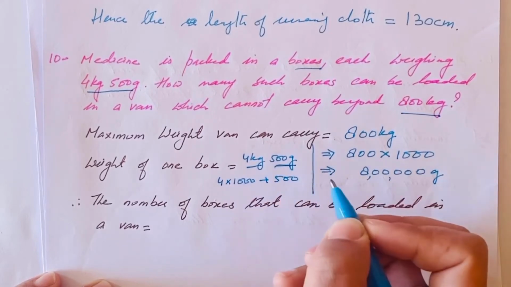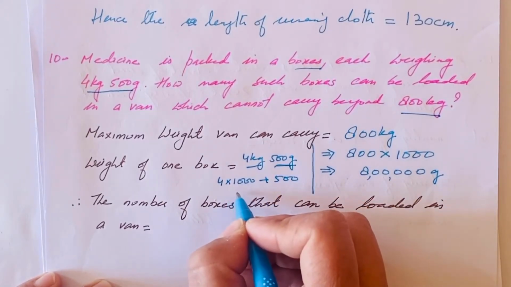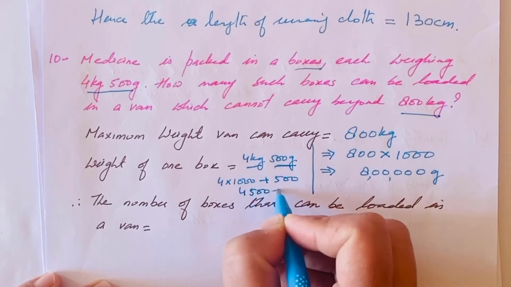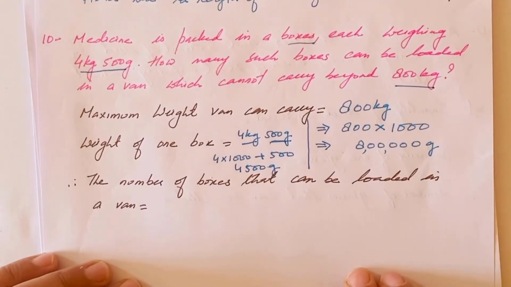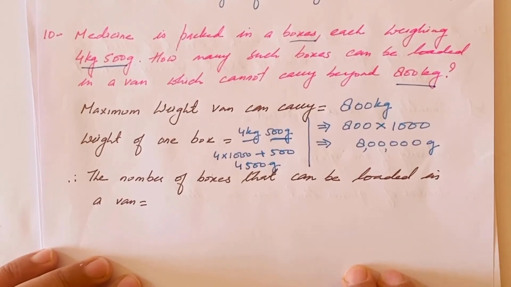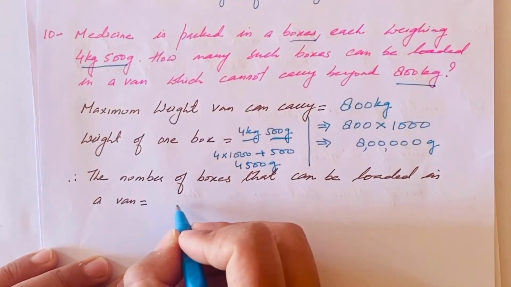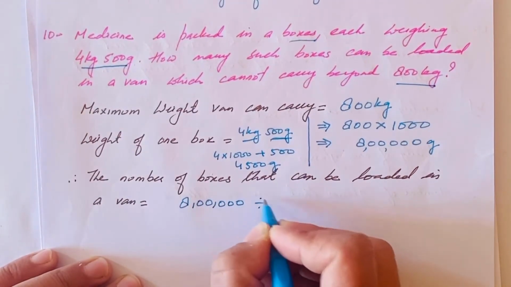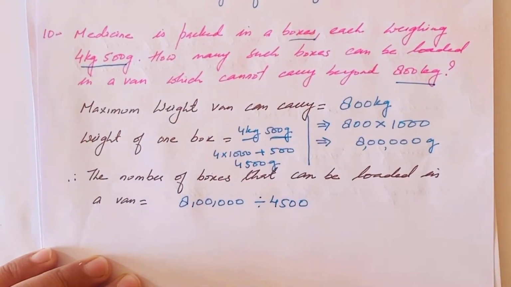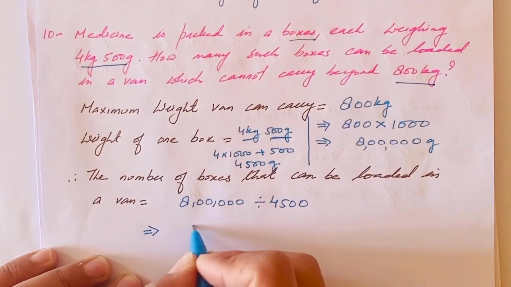So your answer will be 4500 gram. When we have to find the number of boxes, we just have to divide these two. We have to divide 8 lakh by 4500. While we are dividing, we can do it like this.